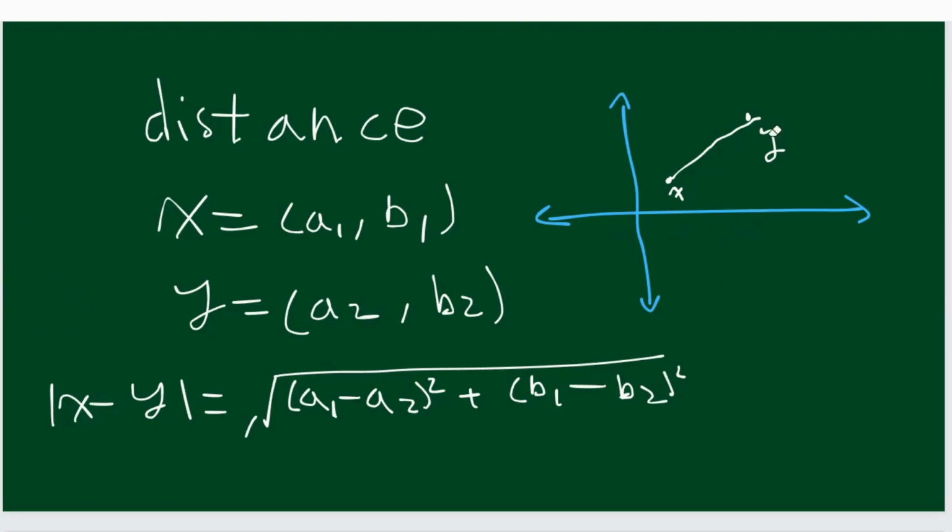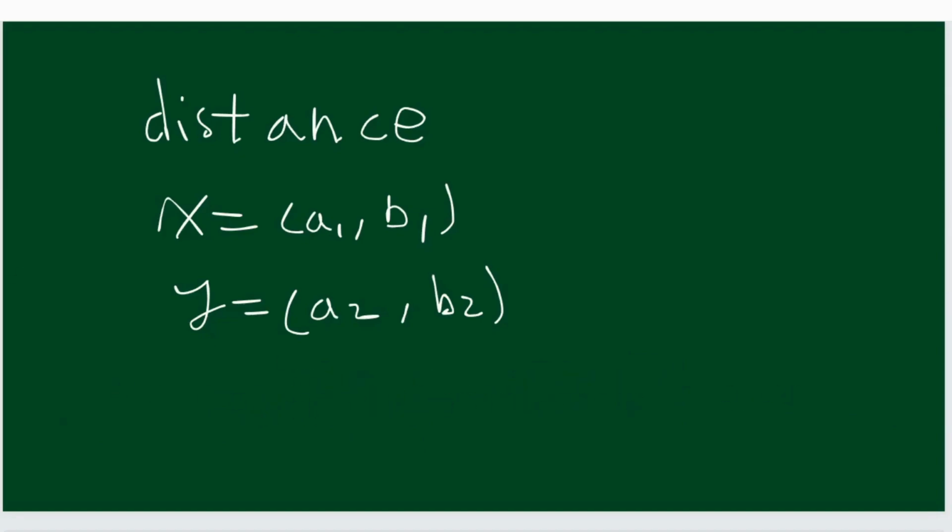Now here, what about 3-dimensional space? Well, in 3-dimensional space, you also do the same thing, except you use the distance formula for 3 dimensions, right? So in this case, let's just say that x is equal to (a1, b1, c1) and y is equal to (a2, b2, c2), right? So in this case, what is the distance between x and y?